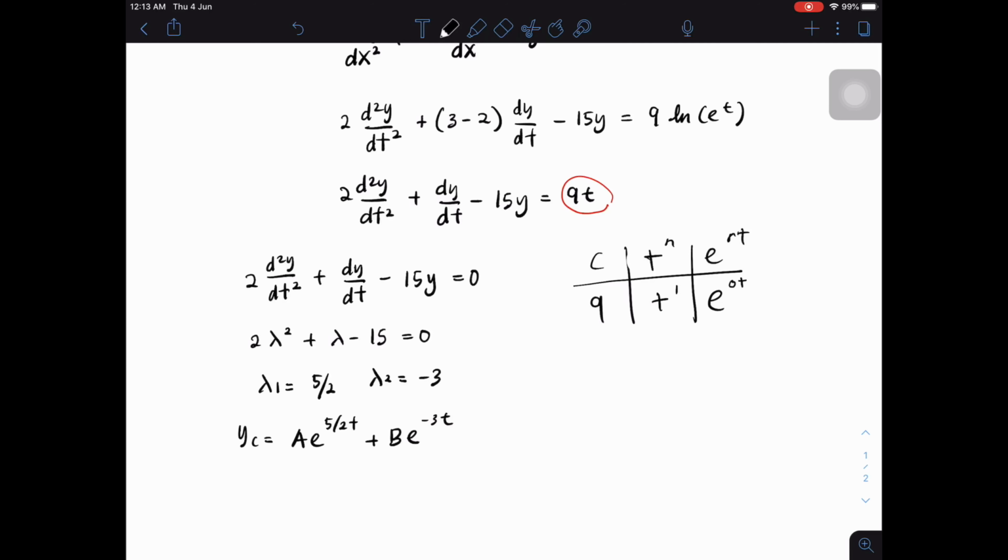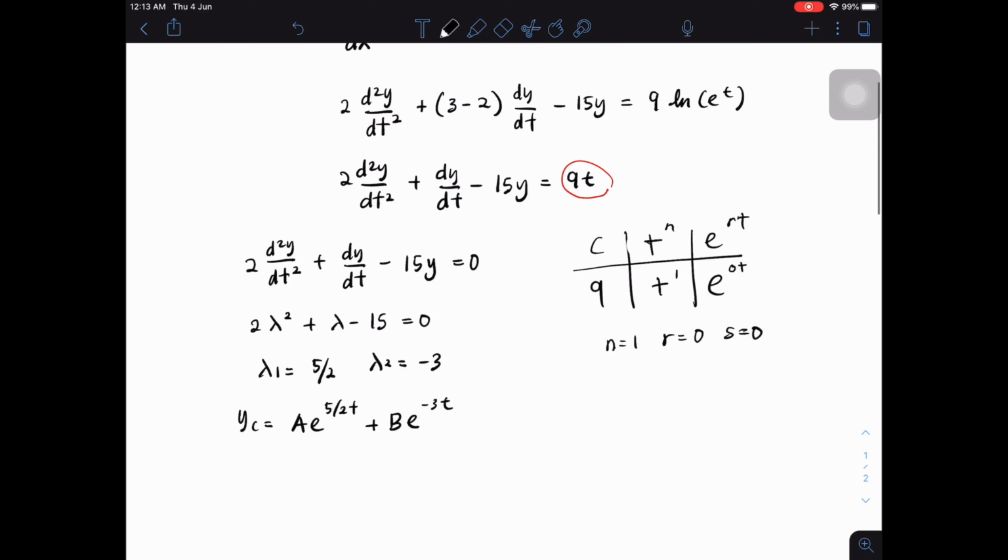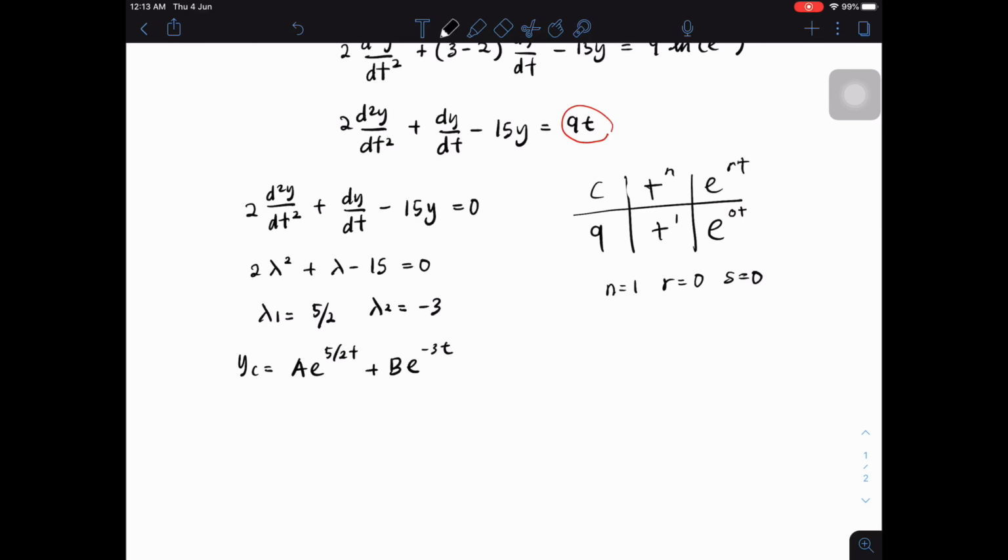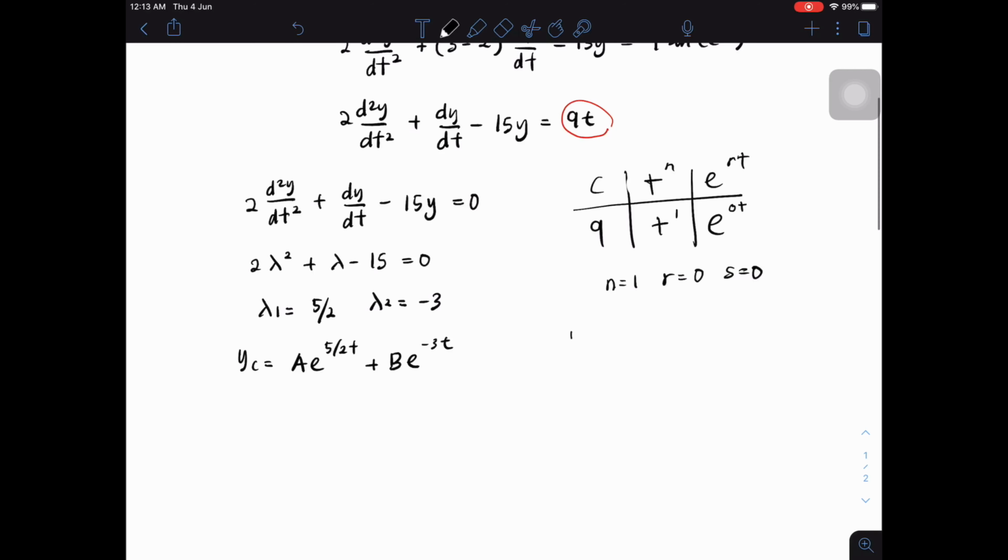From here we have n equal to 1 and r equal to 0, and because r is not the same as any lambda here, our s is equal to 0. So now you can decide what your yp is. Your yp will be x to the power of s, so x to the power of 0, times (a1 x plus a0) e^(0x), so yp equals a1 x plus a0.